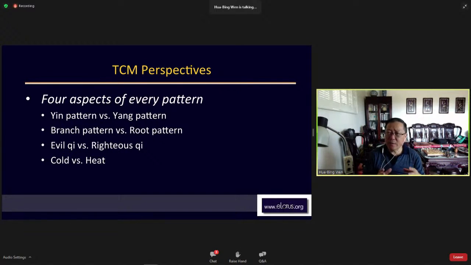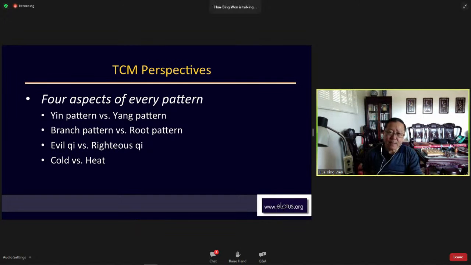So the thinking has shifted from eliminating the cancer to surviving with cancer, like a coexistence. Make sure the evil qi is not too severe, and your righteous qi is always one step ahead. So you can keep the evil qi at bay. You can balance it. That is pretty much the approach.